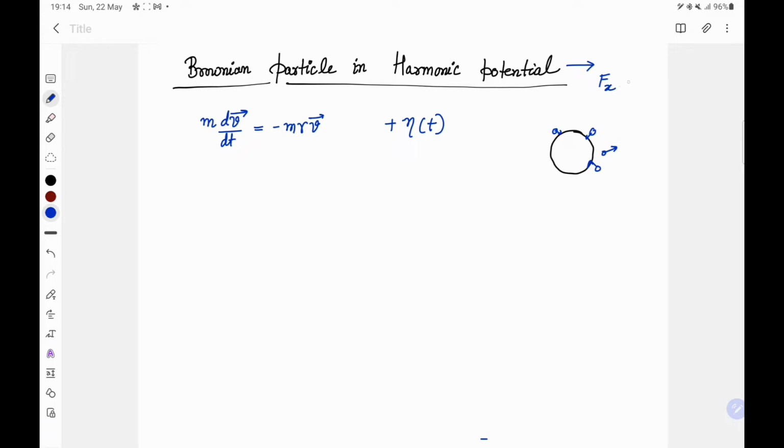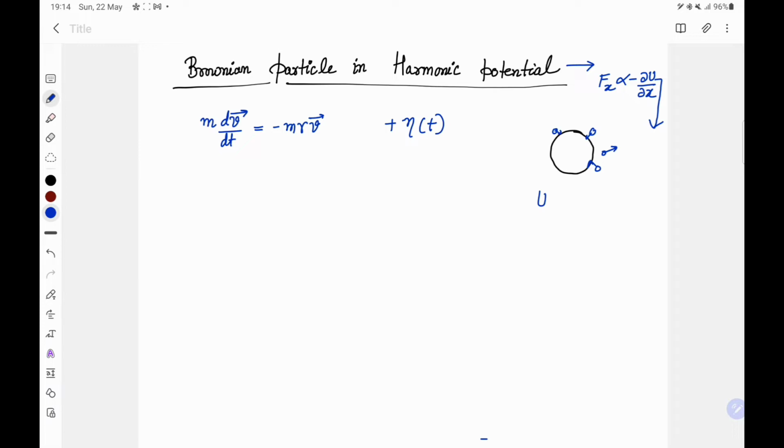Let's say we are considering only one direction, Fx is minus del U by del x, where U can be any external potential, but for our case we are considering U as a harmonic potential.